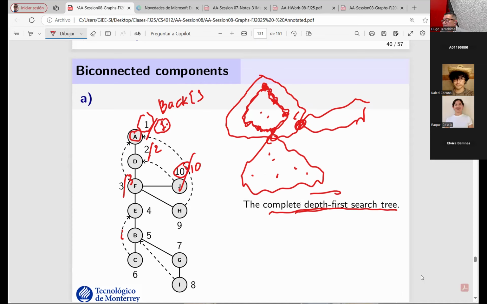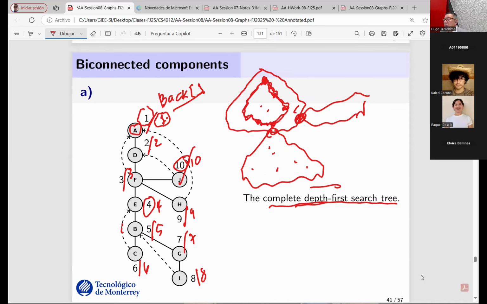The back of those nodes is going to be the same: 4, 9, 5, 6, 7, 8. So at the beginning, I do the DFS, and then I assign the back to the same number that I found in the search. So that is the first phase of the algorithm, right?